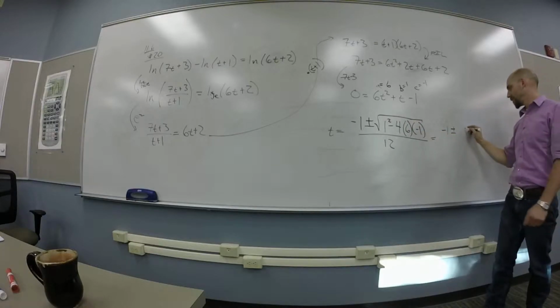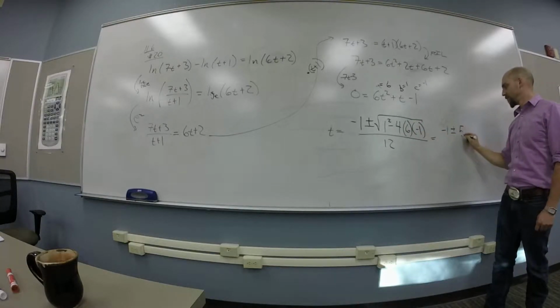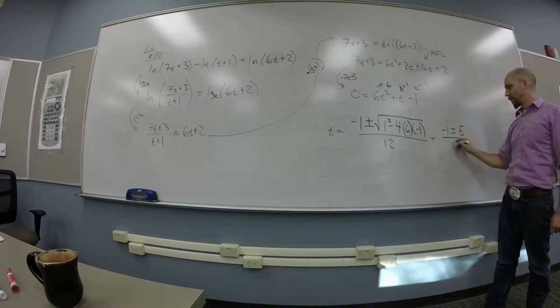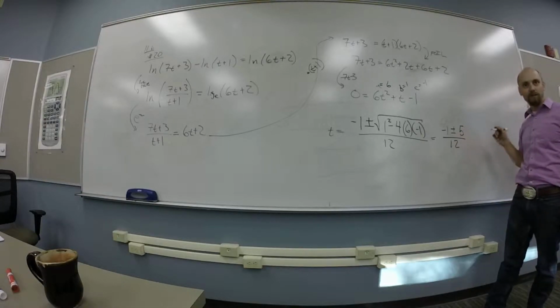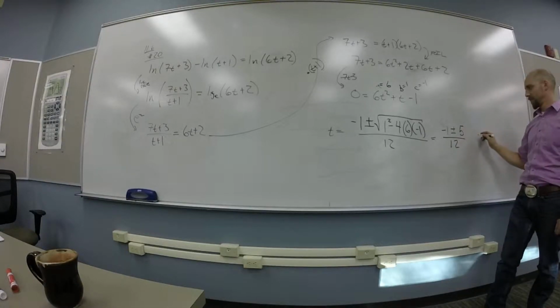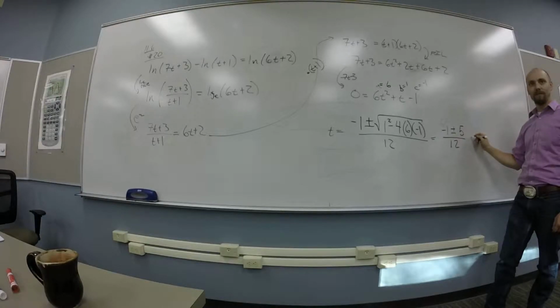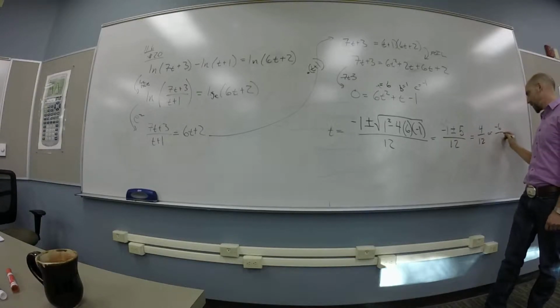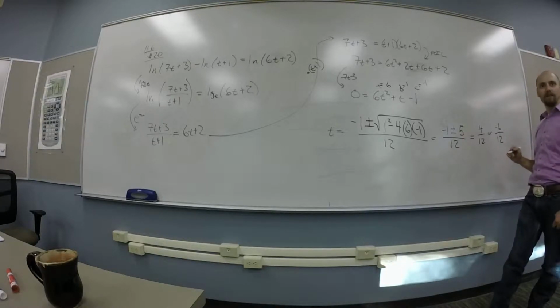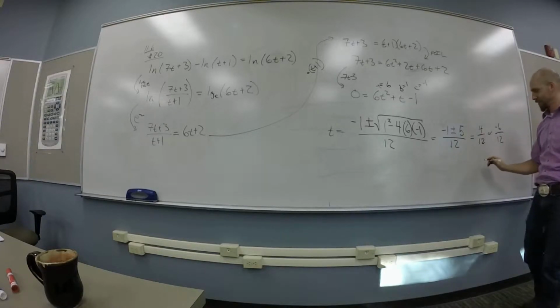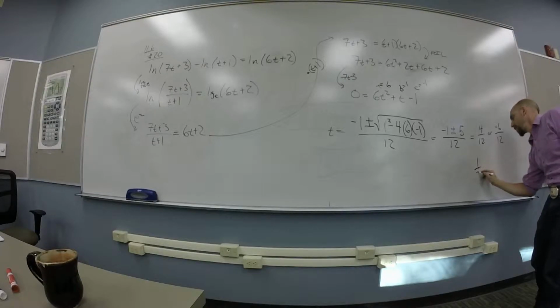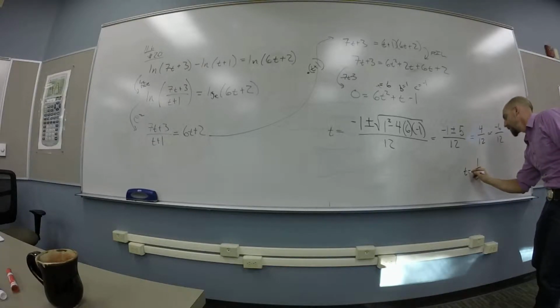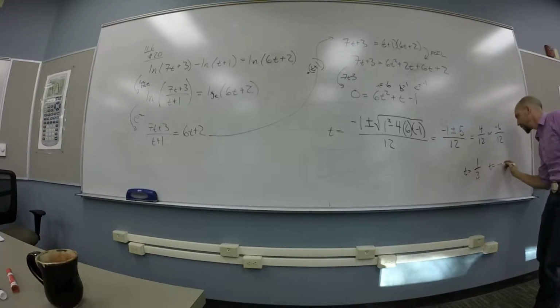So plus or minus 5 over 12 gives me 4 over 12 or negative 6 over 12, which is 1/3 or negative 1/2. So I get t is a third or t is minus a half.